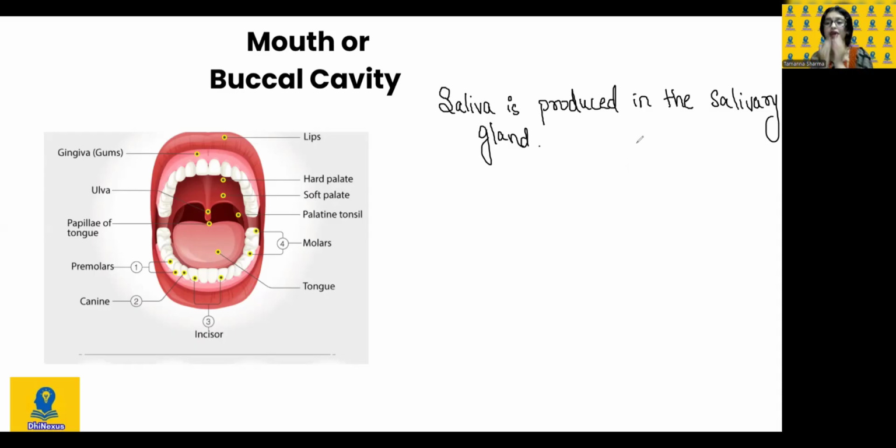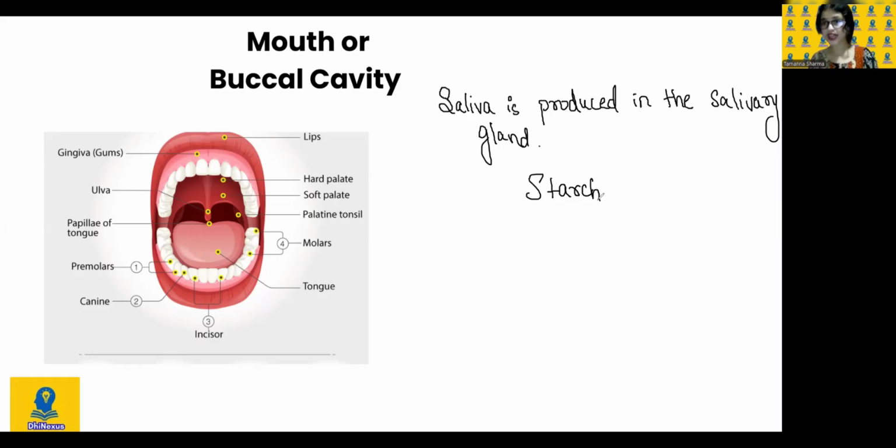When it mixes, it softens. And your food, whatever you eat, has starch in it. Saliva helps in the breakdown of complex molecules into simpler substances. So the first breakdown is already done in your mouth, through your saliva.